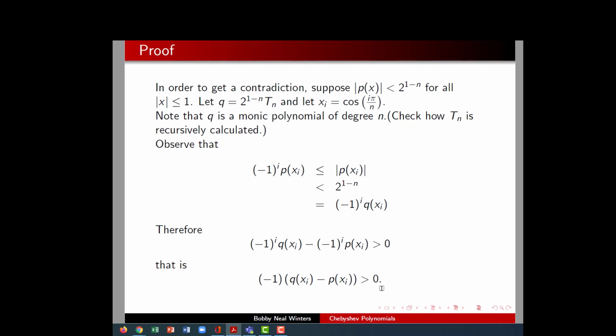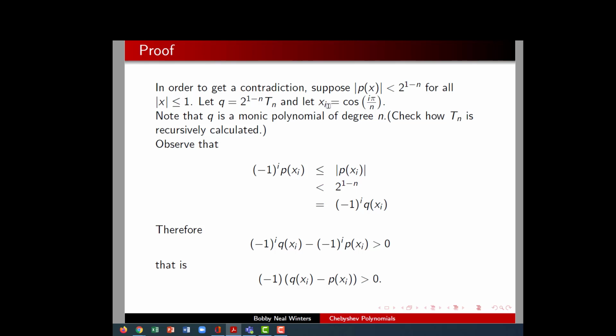So let's start off proving this. We will try to get a contradiction. Suppose that the absolute value of p of x is less than 2 to the 1 minus n, to get a contradiction. Now let's let q be defined in terms of our Chebychev polynomial. We're going to multiply it by 2 to the 1 minus n. Why are we doing this? We're doing this to turn q into a monic polynomial.